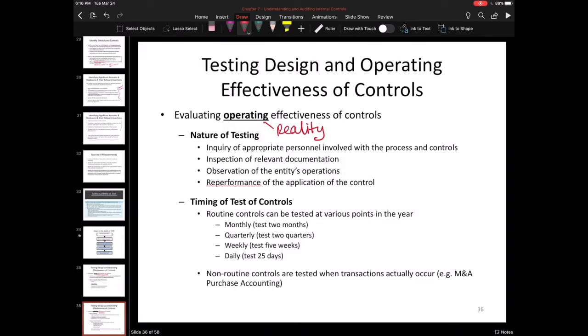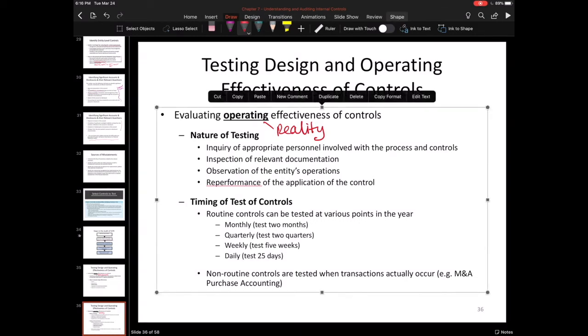Are two people actually putting their signatures to every single purchase over $5,000? Or is 50% of the time only one person signing off? Or is 100% of the time no people signing off, right? So what is actually happening in reality? What is the truth of the operation here?